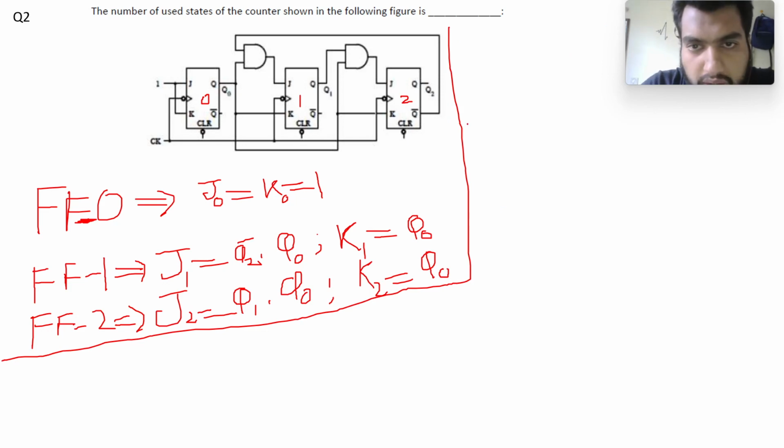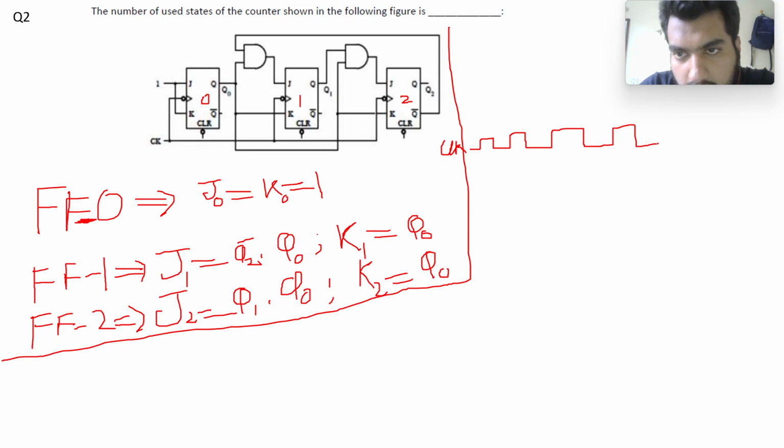So this is the clock. Since the flip-flops are negative edge triggered, let me mark the negative edges. Let's assume they start from 0 0 0.